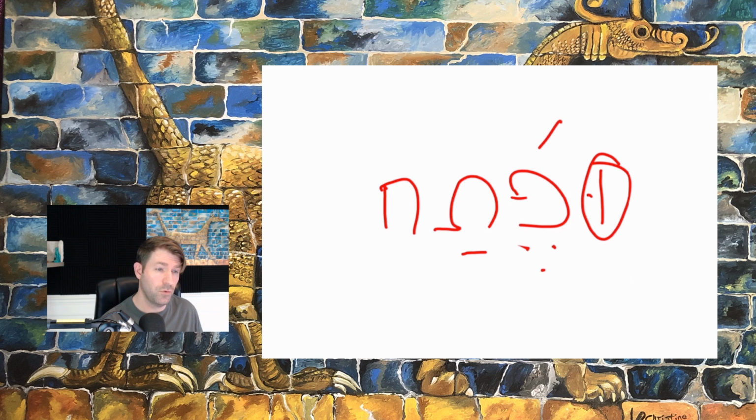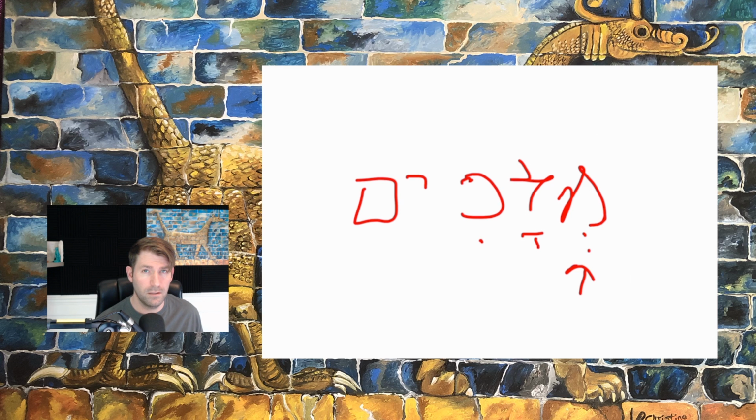The same is true before a vocal shva. So melech, when we pluralize it, you get melachim. You have this vocal shva here.